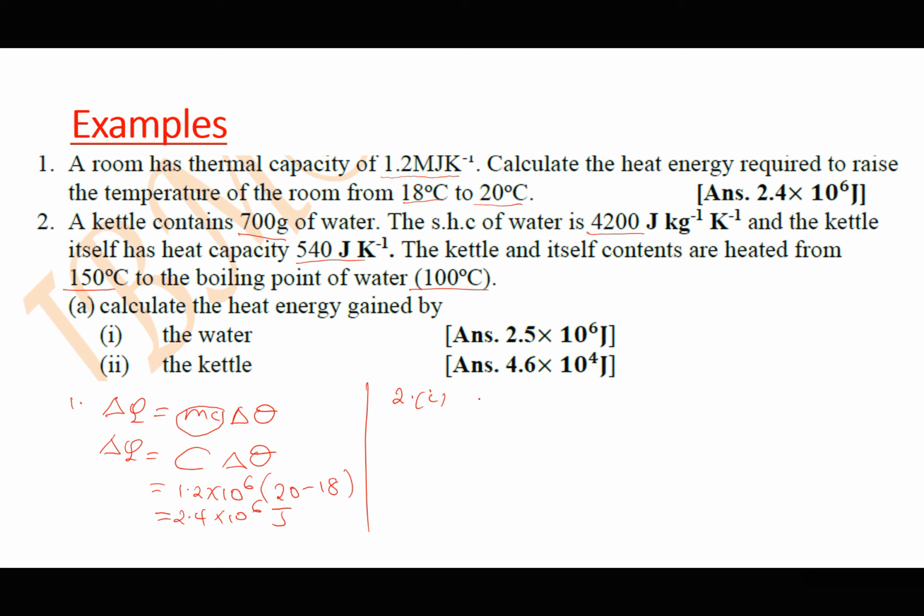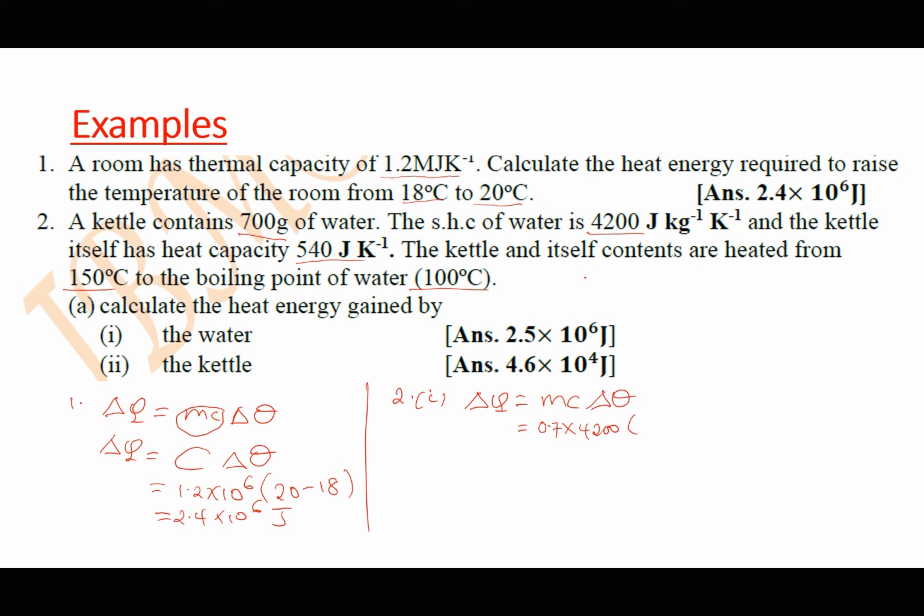So the amount of heat, delta Q, is going to be equal to mass times specific heat capacity times change in temperature. So this will be equal to the mass of water, which is 700 grams, that is 0.7, times the specific heat capacity, which is 4,200, times the change in temperature.